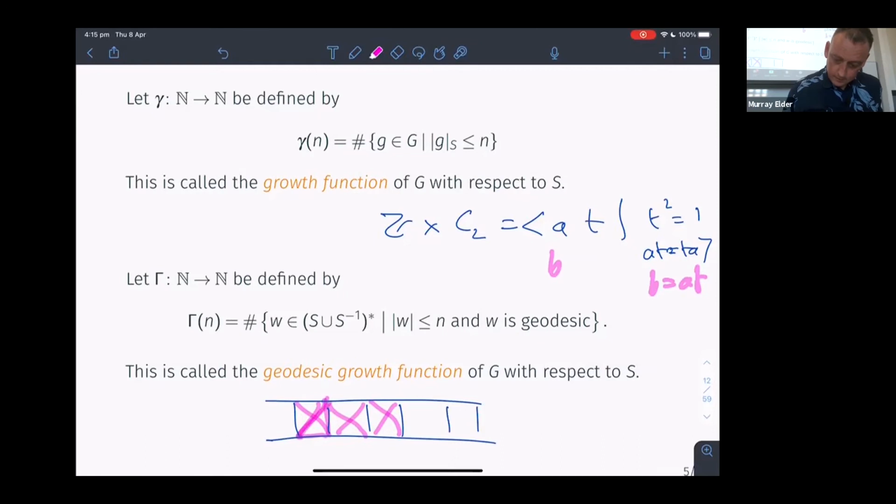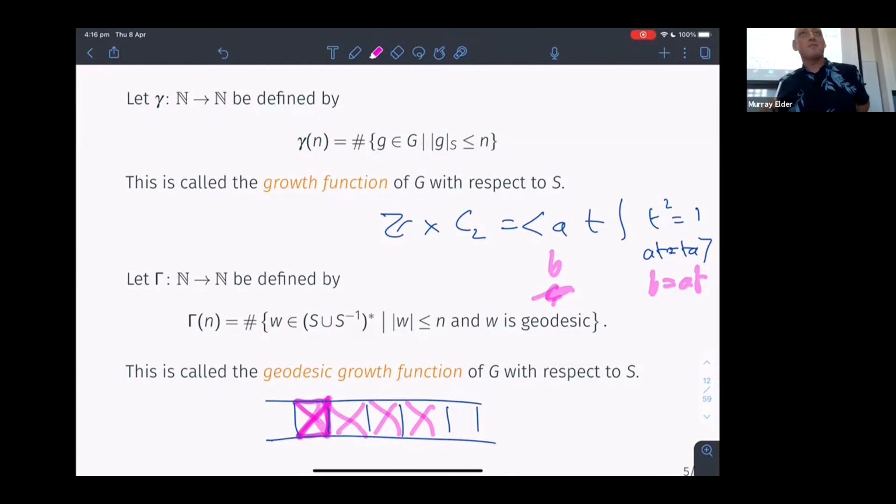I'll do C equals, oh, that's AT as well, isn't it? AT is B and AT is B, so I don't need a C. I hope I got that right, I'm just making it up on the fly, but we can get exponentially many geodesics now because you've got all these ways of choosing to go up and down as you travel along.